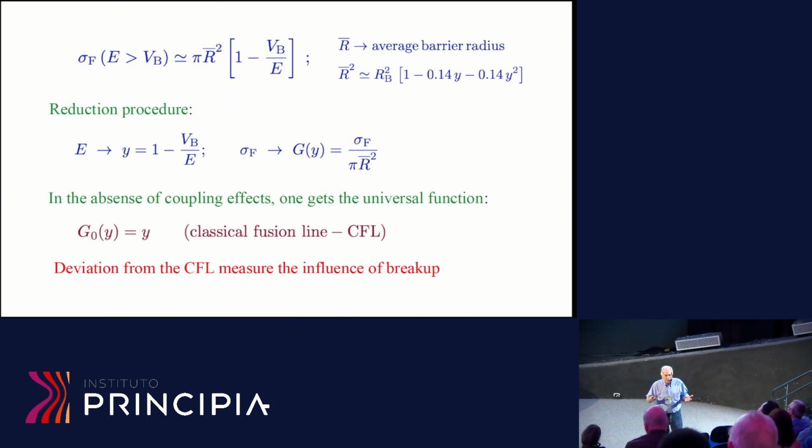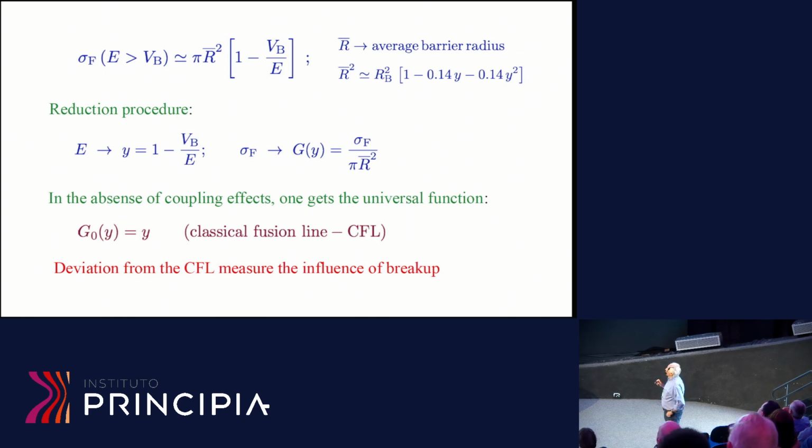It should be a method that makes cross-sections alike when no channel coupling effect is present. So what one expects is that in the absence of channel coupling effects, one would get some sort of universal function. This classical fusion function method is based on the classical approximation for fusion cross-section.